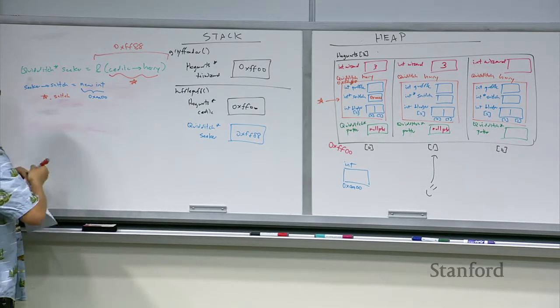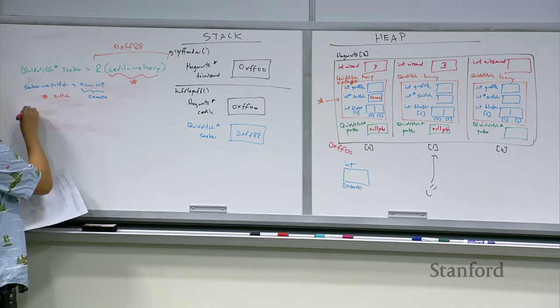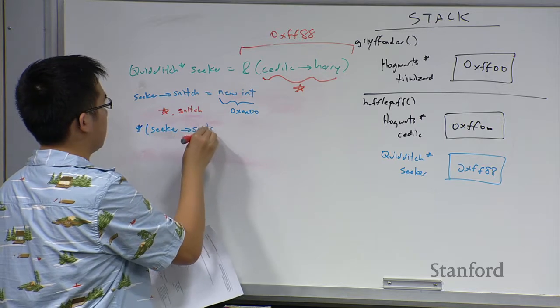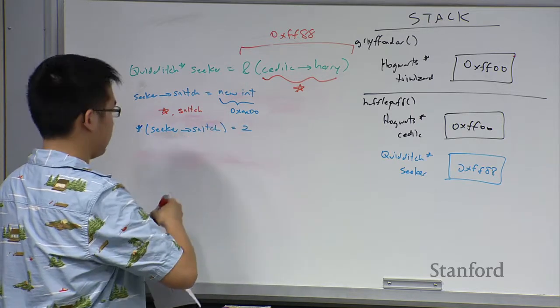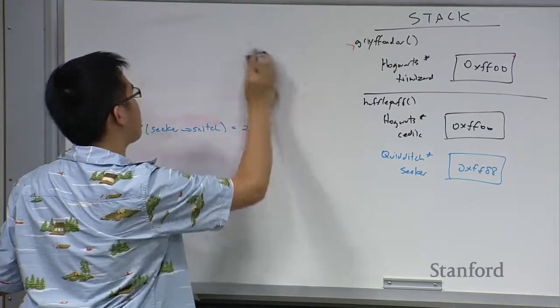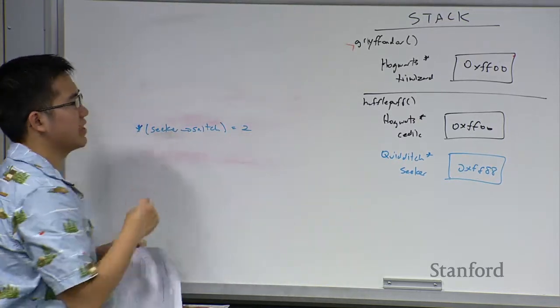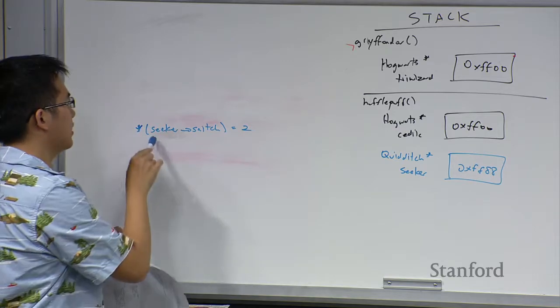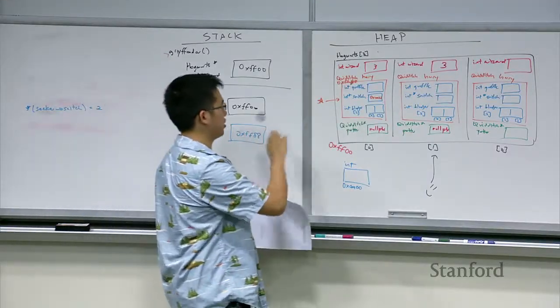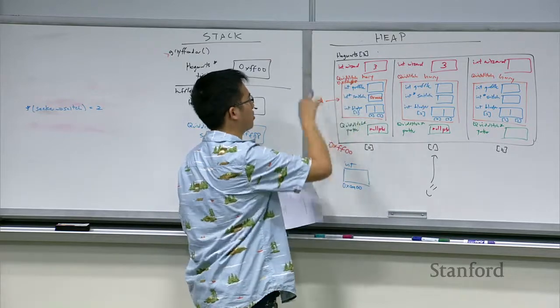Also a similar line. We're setting star seeker arrow snitch equal to 2. Let me erase the first 2 lines. So remember that star means you dereference a pointer. Seeker arrow snitch is saying seeker, you dereference seeker to go to 0xFF88, this orange thing.